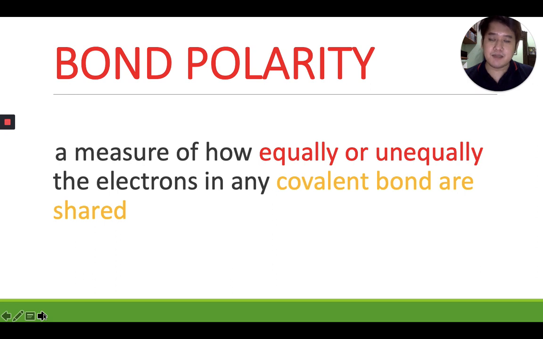When you say that the bond is polar, that means there is an unequal distribution of electrons in that particular bond. Meaning, in that bond, one atom draws the electrons nearer to itself. For non-polar, the sharing is equal. The pull of the atoms on the electron pair is the same.